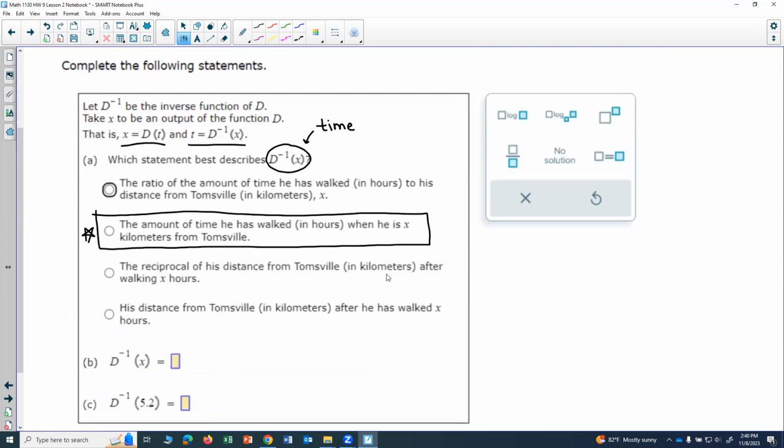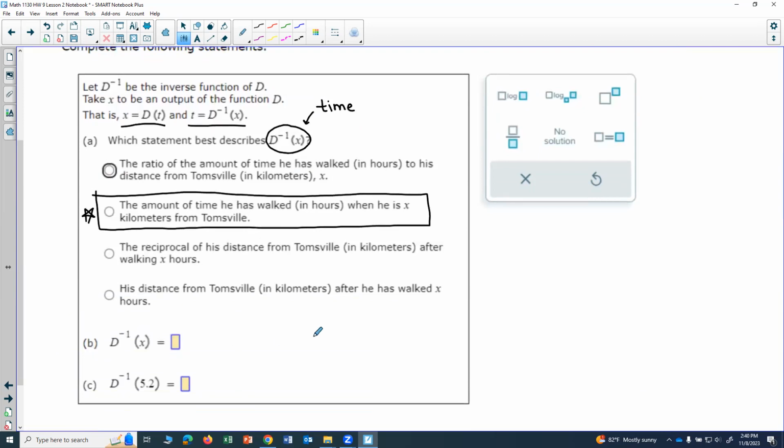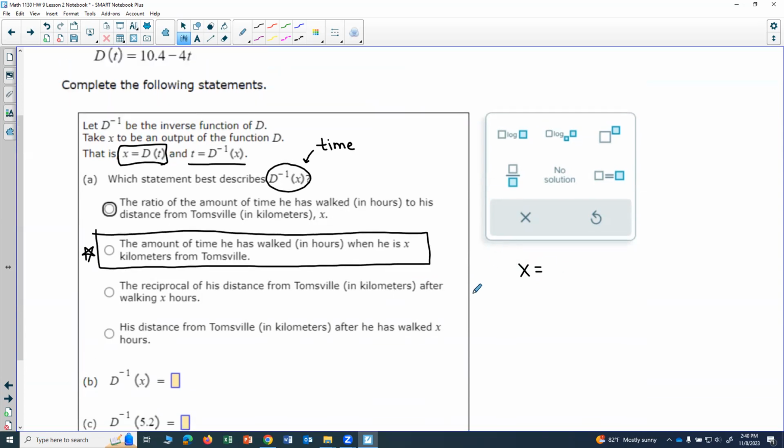All right, now we're asked to find d inverse of x. So we are told here that x equals d of t, and so I'm going to go ahead and use that. So x equals d of t, and d of t was 10.4 minus 4t.